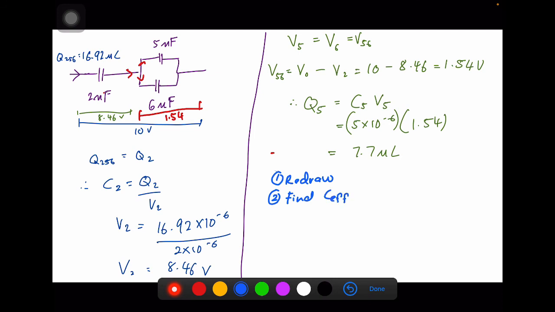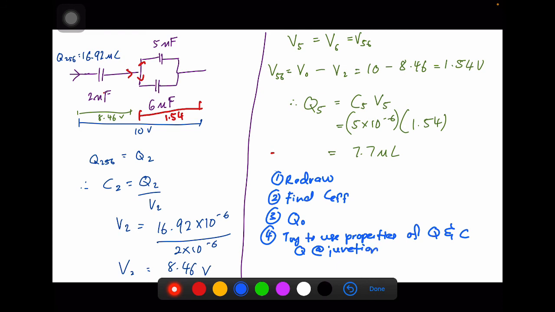Before you can find the Q0, you have to find the C effective first. And then number 4, try to use the relation of Q and C. Q at junction separates. Remember that. So Q equals Q1 plus Q2.